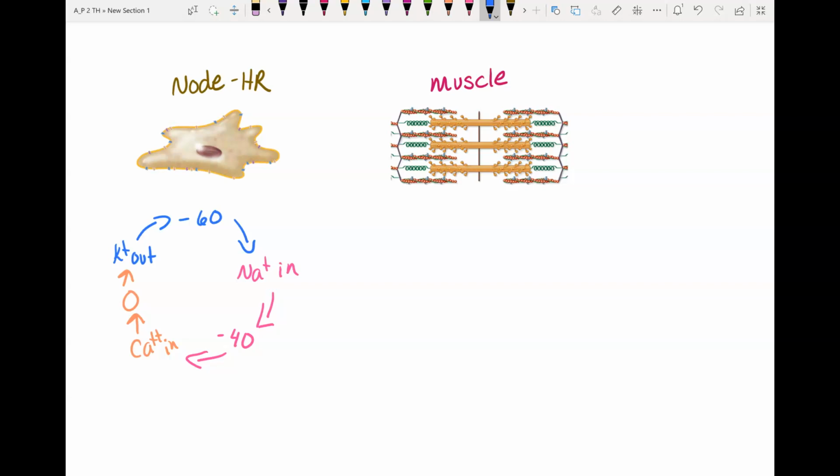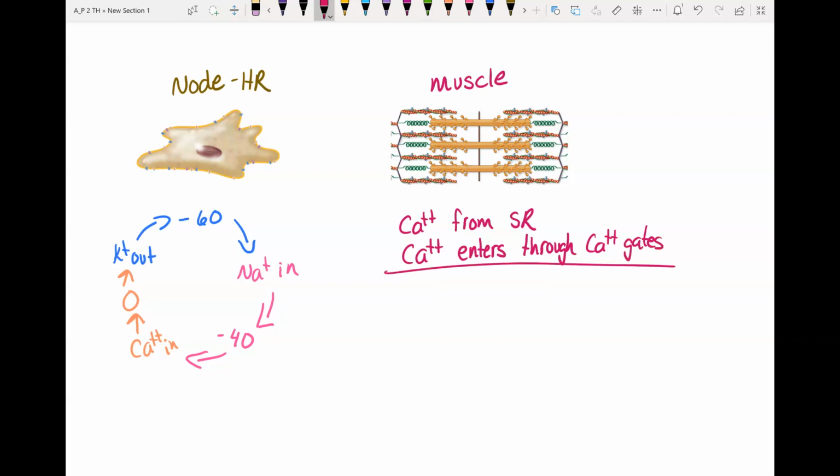Then we have our muscle. It works because you have calcium from your sarcoplasmic reticulum plus calcium that enters through your calcium gates from outside the cell. So you get your total amount of calcium inside the myocardial cell.